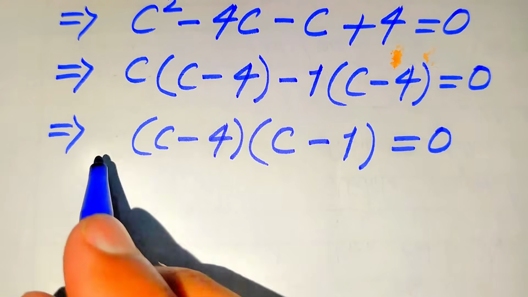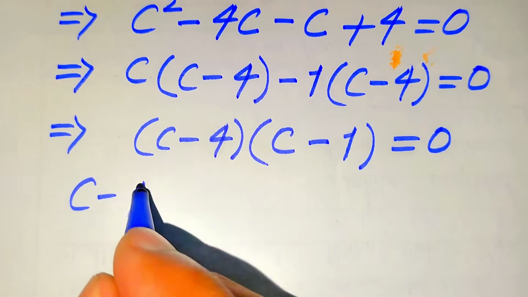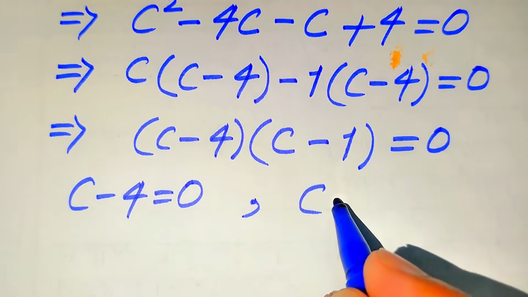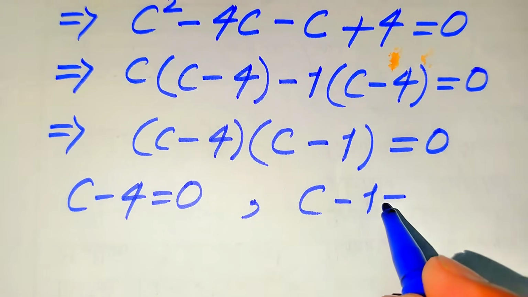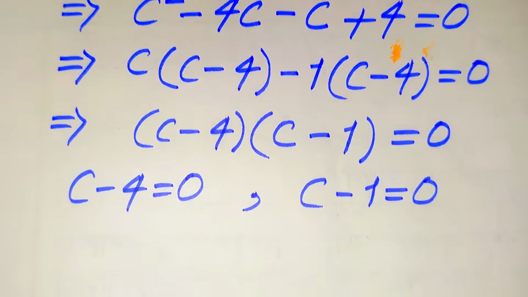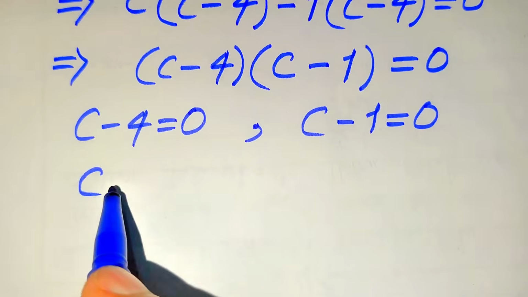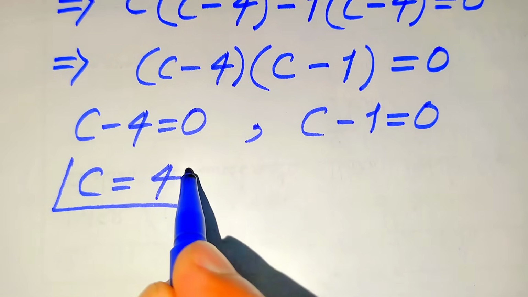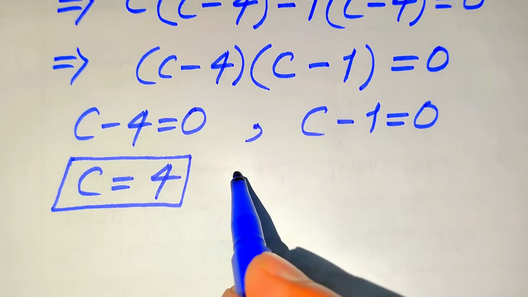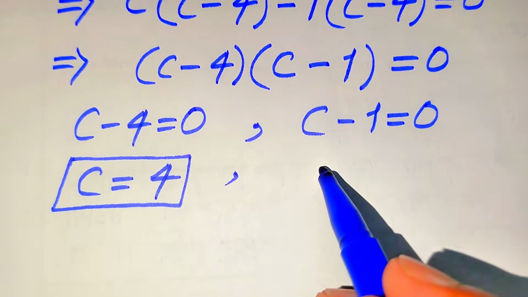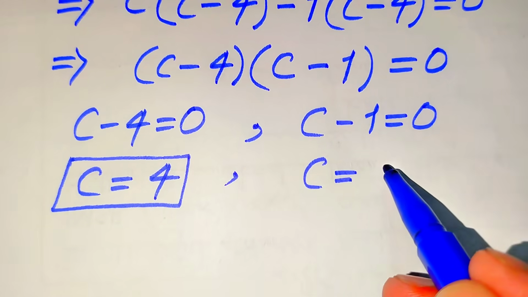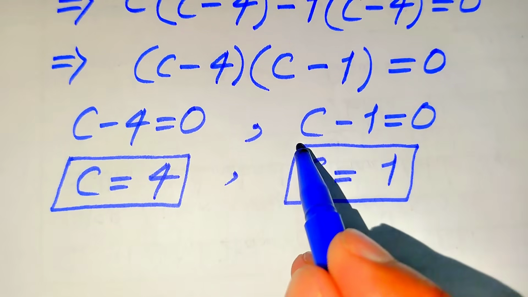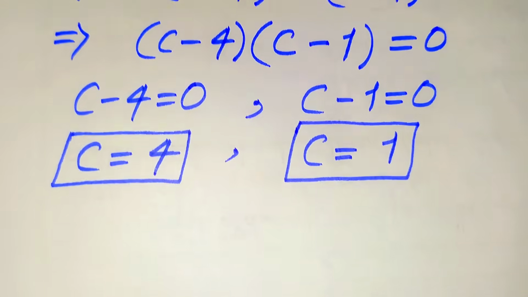The first case is c minus 4 is equal to 0, and the second case is c minus 1 is equal to 0. So from here we easily get the value of c is equal to 4, this is the first root of the given equation, and from here we get c is equal to 1, this is our second root of the given equation.